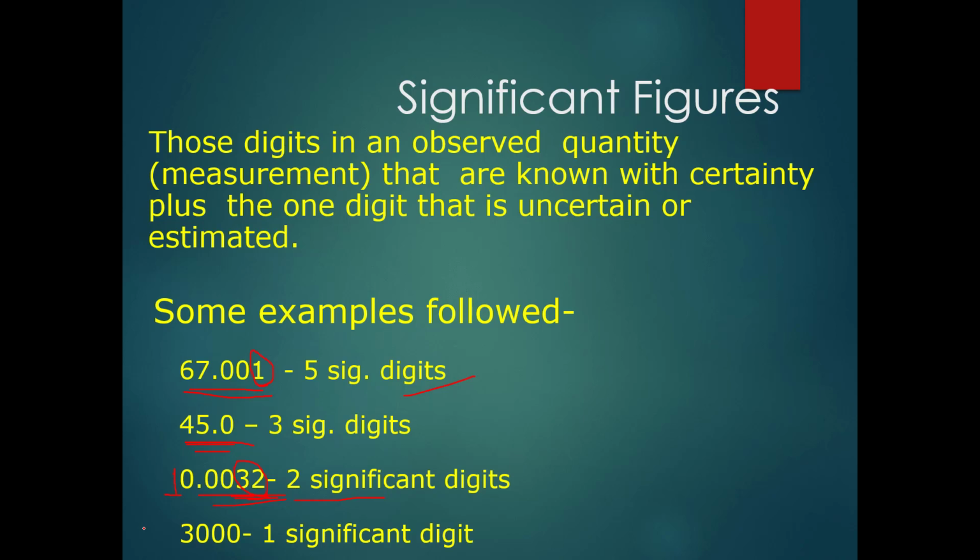That type of measurement is a rough measurement, not an accurate measurement. So basically you have only one digit that is significant, that is your 3. Okay, so this is one more important example. You remember that in the reading 3000 we have only one significant digit, that is 3.